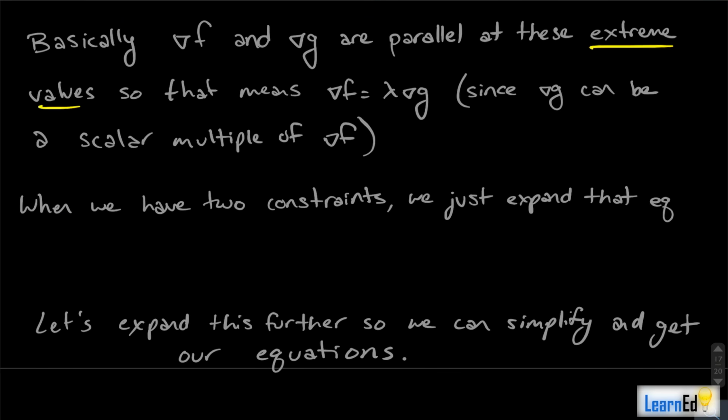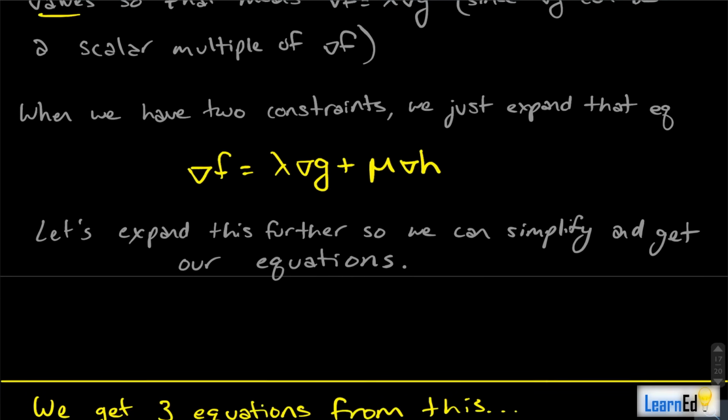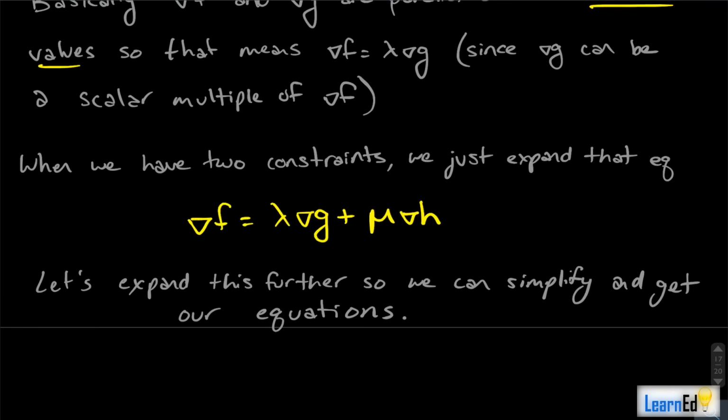So when we have two constraints, we can just expand that equation. So what we get is that del f equals lambda del g plus, and our second scalar is going to be mu. Okay, this is what most people use. And we're going to have del h. Okay, and we're going to expand this further so that we can simplify and end up getting our equations.